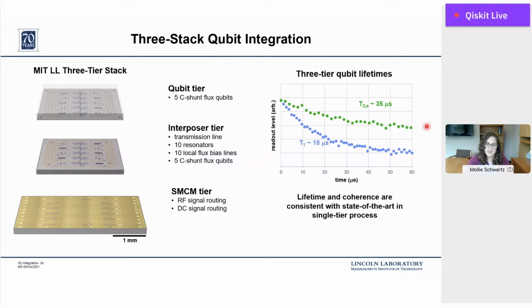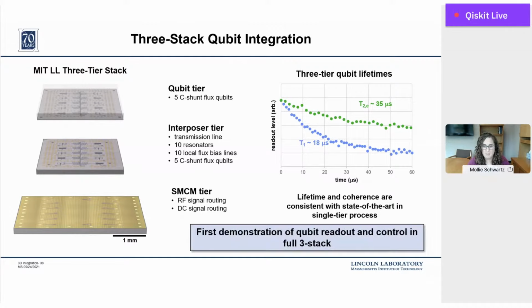And so we see already that the lifetime and coherence are consistent with what we get for standard flux qubits within the single tier process. So we're very happy with this first demonstration, both of qubit readout and control using the full 3-tier stack.